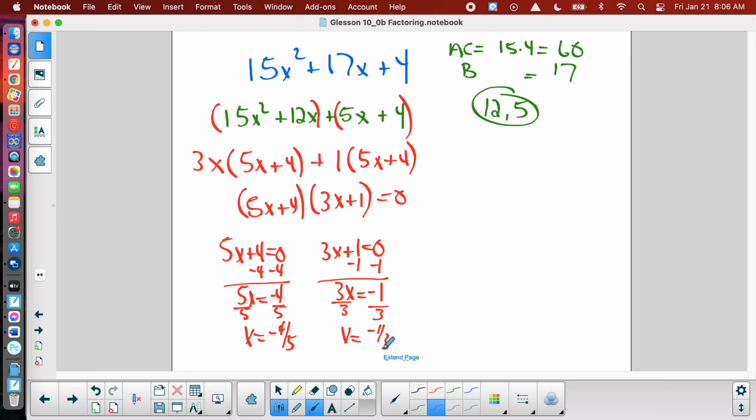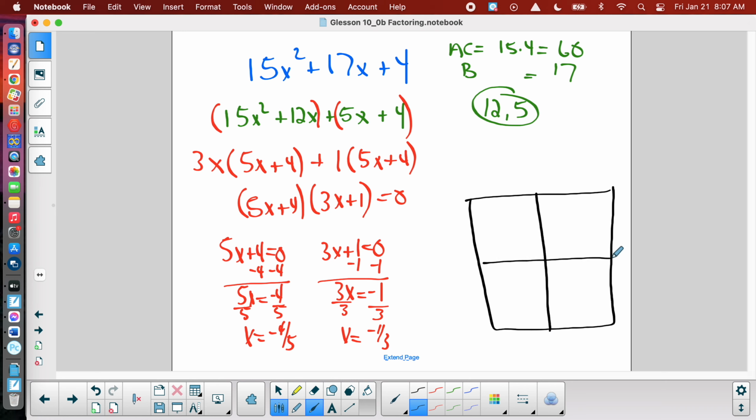It's a little bit cheap because we know what the correct answers are now for the box method, so we aren't guessing much. But if we were to do the box method, I'd have said, okay, I got a 15x squared here, and I got a 4 down here. And I'd have to guess, now we already know it's going to be a 5x and a 3x, so that helps us.